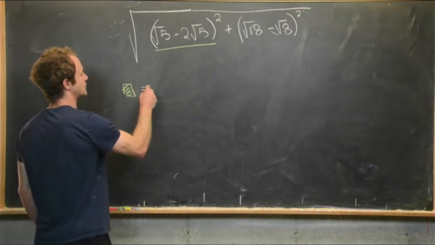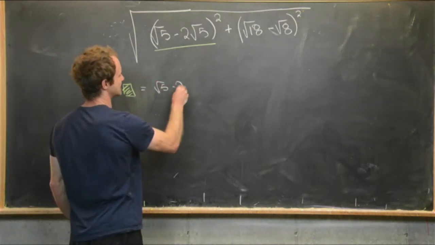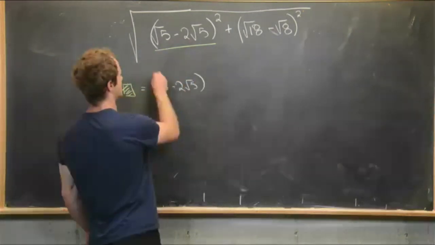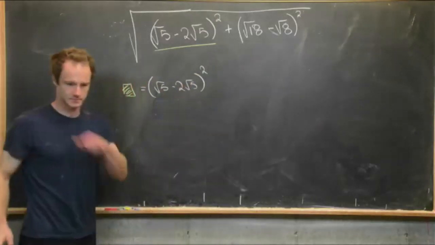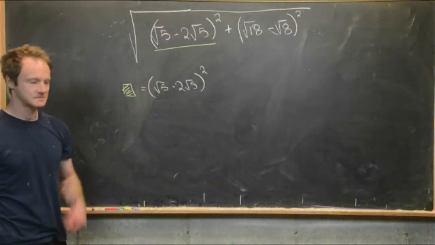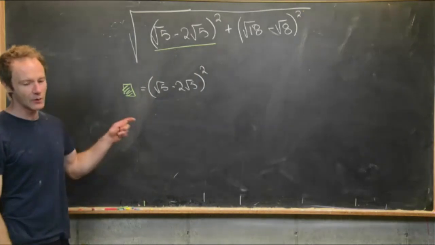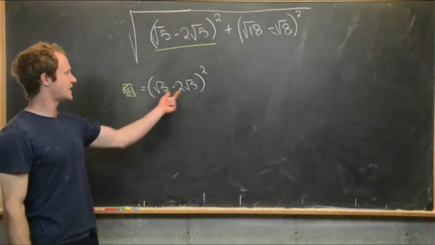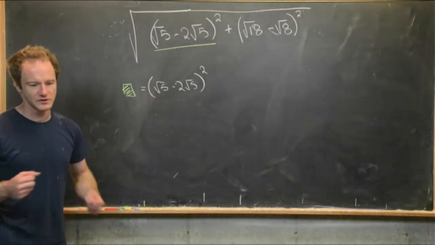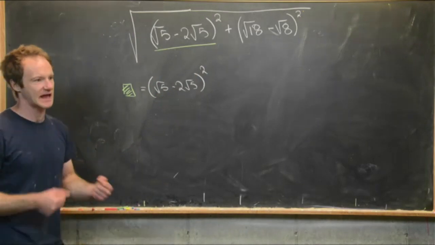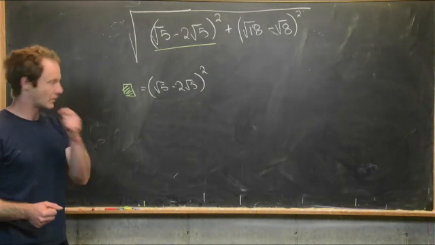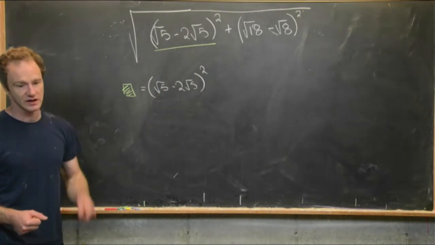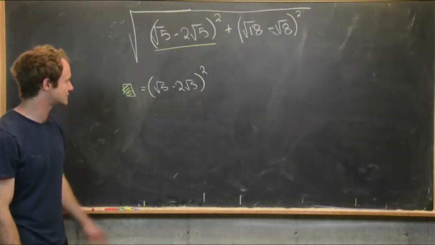So that's going to be equal to root 5 minus 2 times root 5, whole thing squared. Now what you want to think about is that root 5 and 2 root 5 are almost like terms, right? It's like x minus 2x, where x is the square root of 5. So you can combine them like they are like terms.